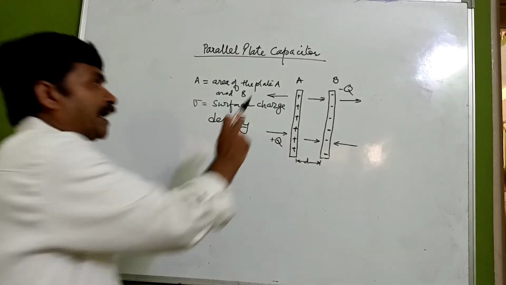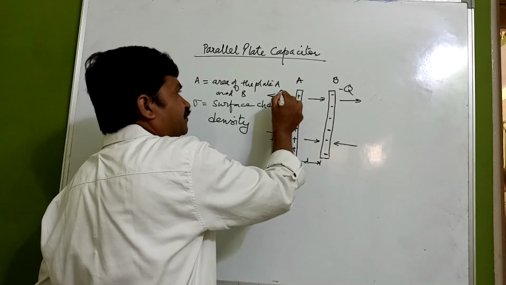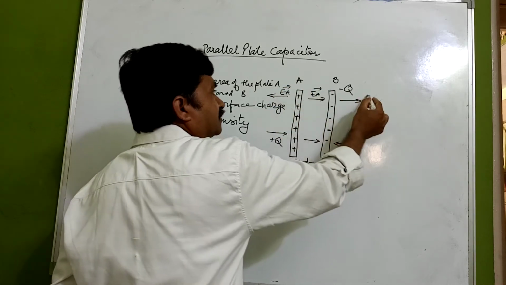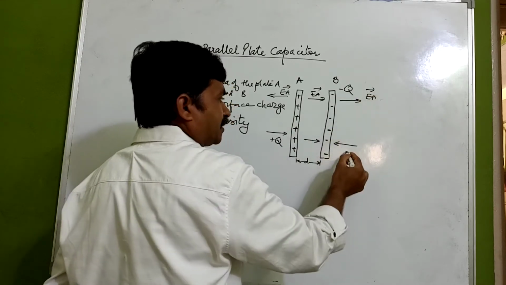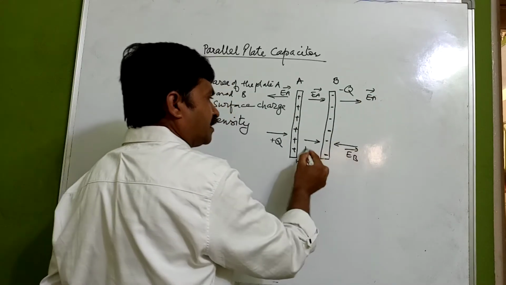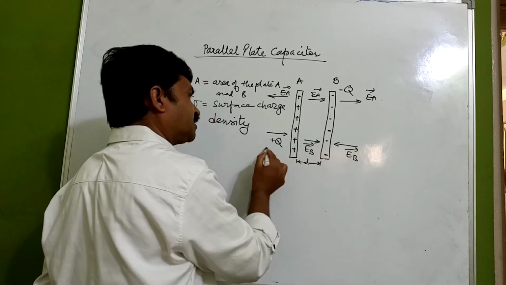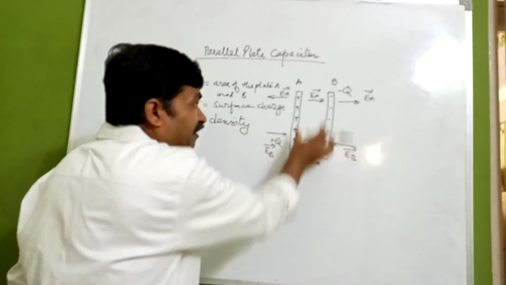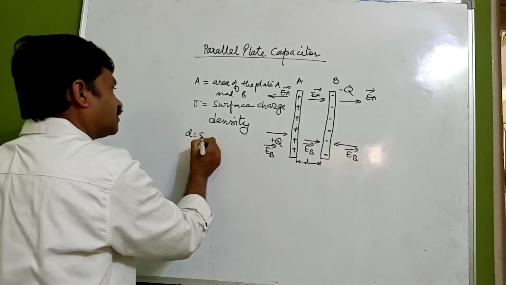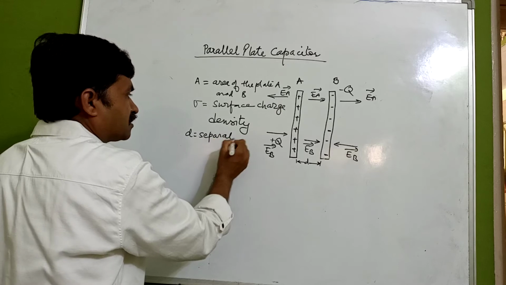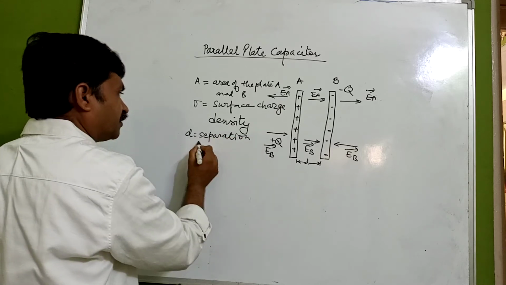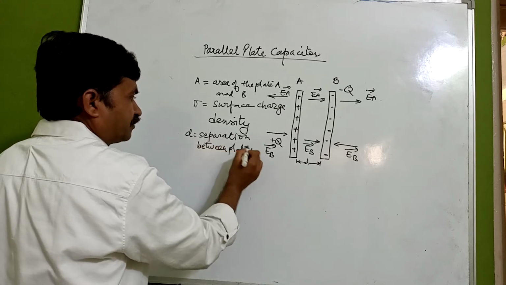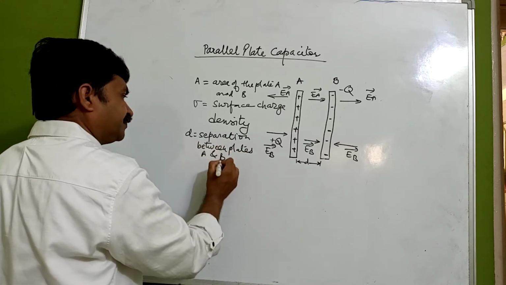So the electric field here because of plate A is EA, and here because of plate B it is EB. D is the separation, or the distance, between plates A and B.